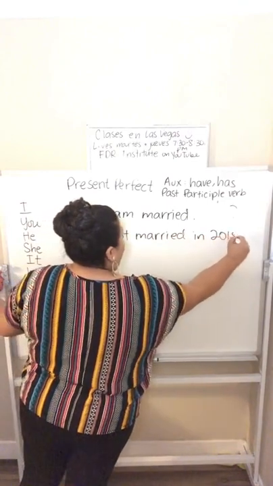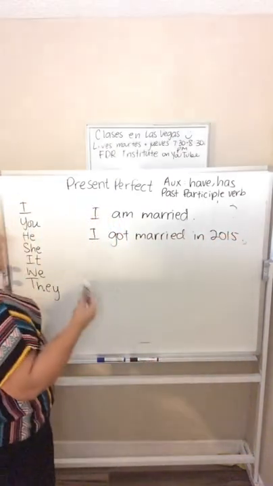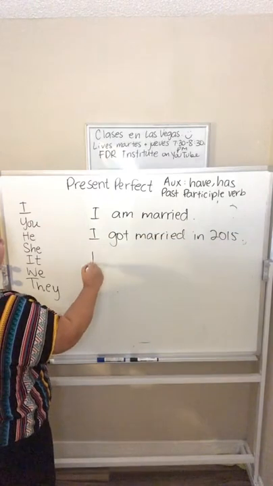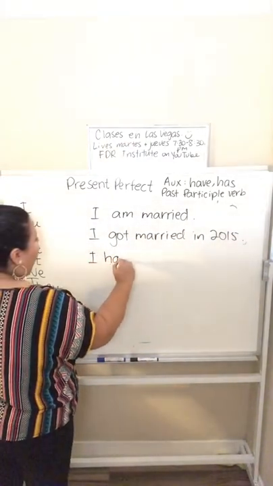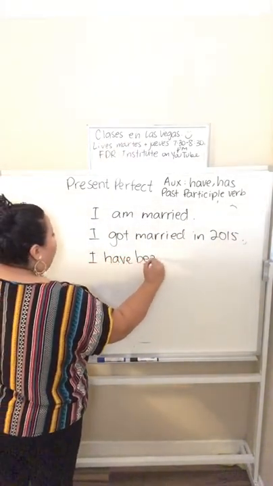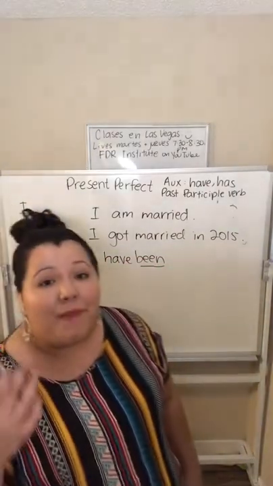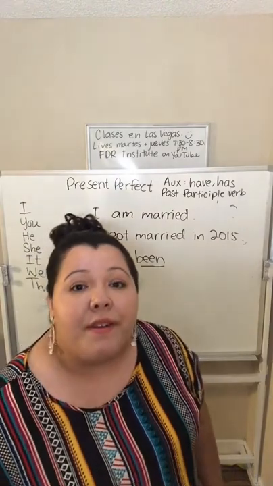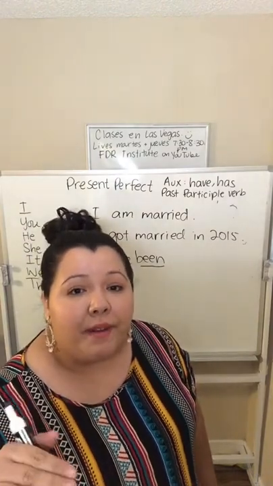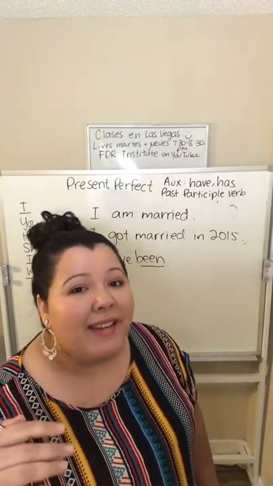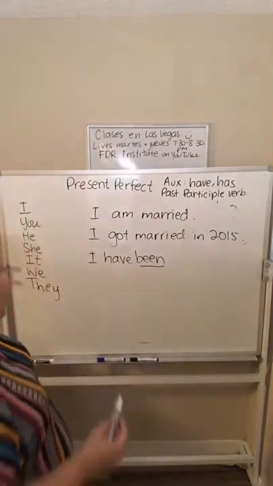Pero si quiero decir he estado casada por 7 años, he estado. Been es el pasado participio del verbo to be. El verbo ser no está. Been. No been, been, right? I have been married.